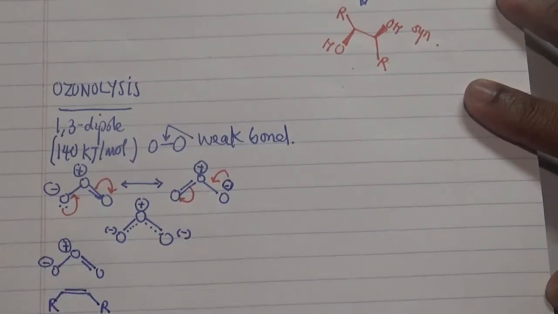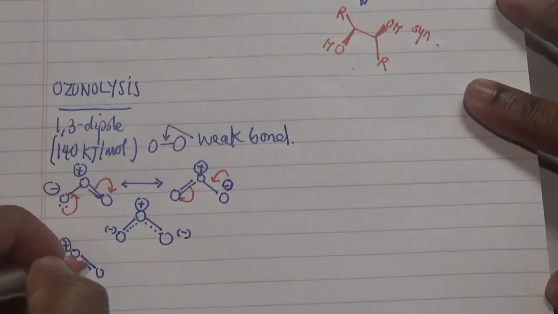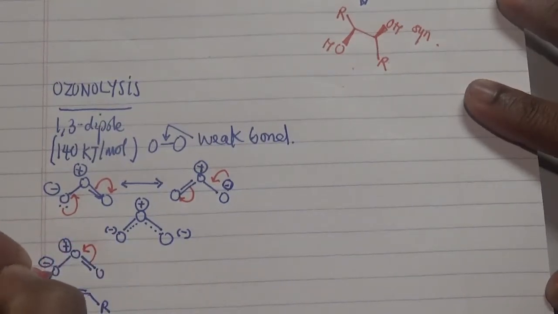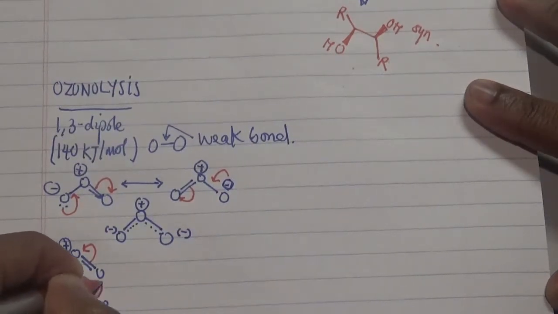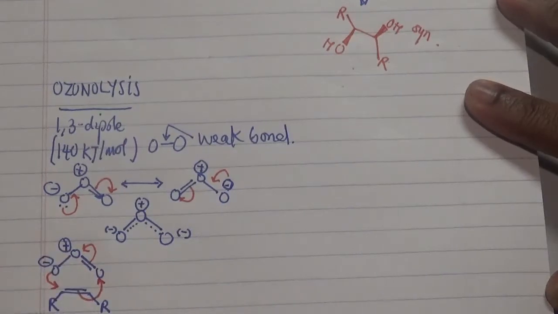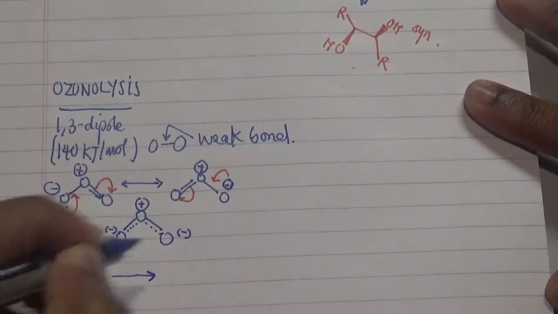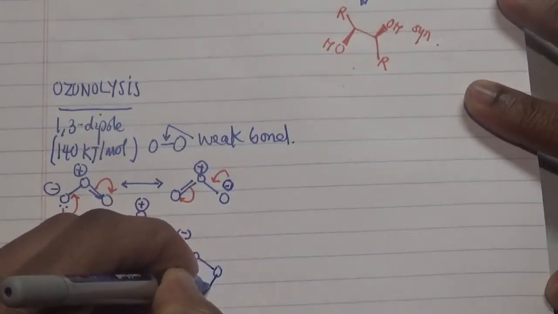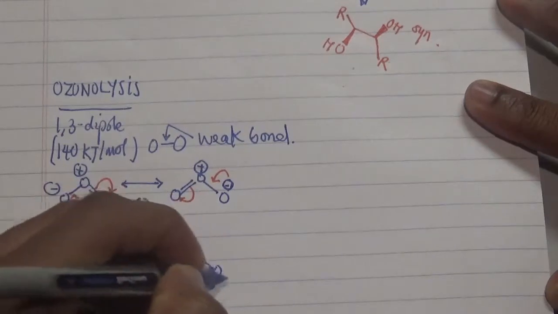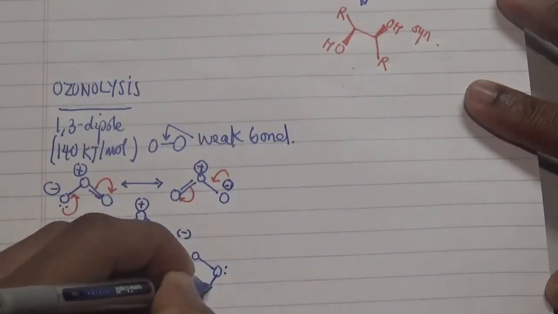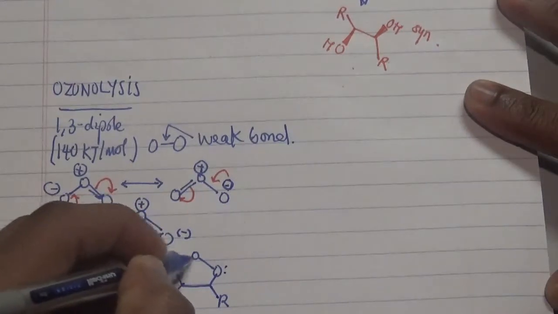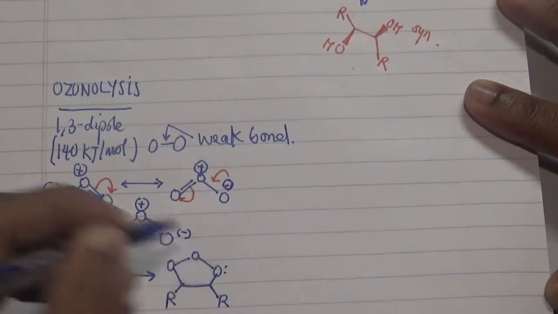Now in this case, what we have is a 1,3 dipole cycloaddition reaction, where by resonance we actually form a sigma bond, and this pi bond forms a sigma bond here, and what we have is the formation of this particular 5-membered ring with no charge, surprisingly.